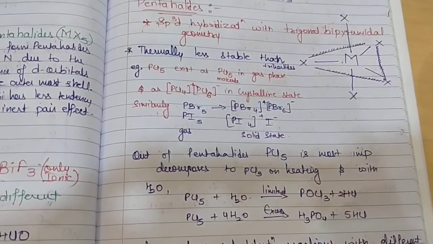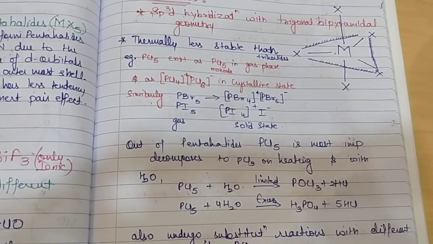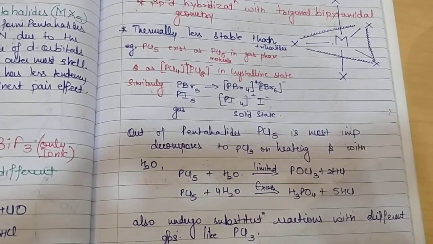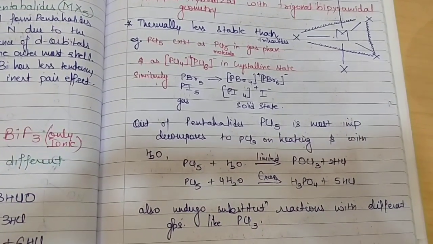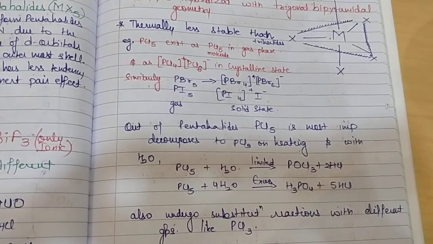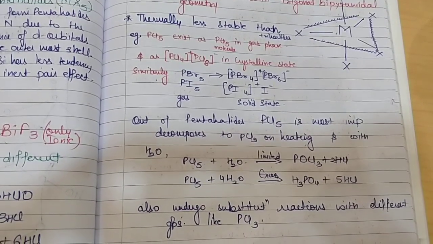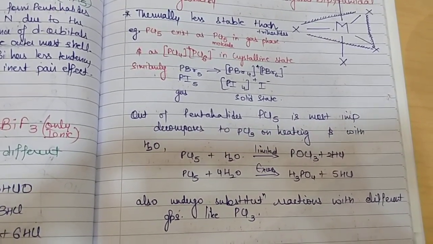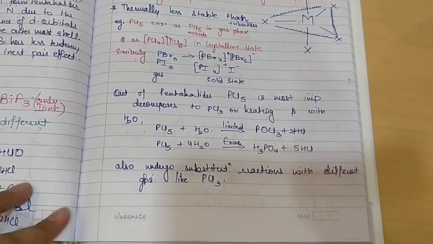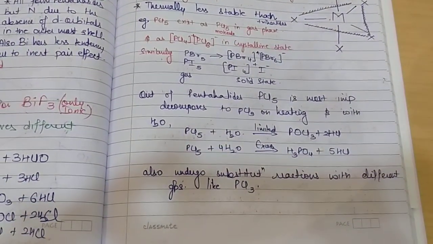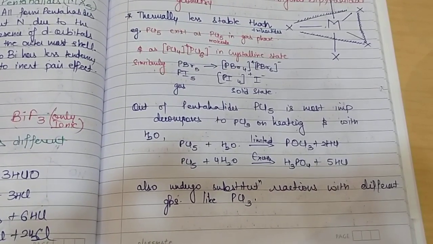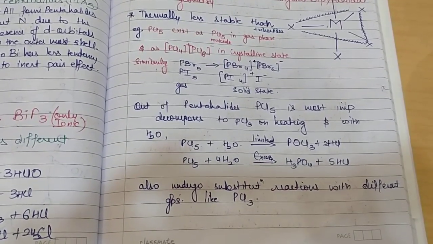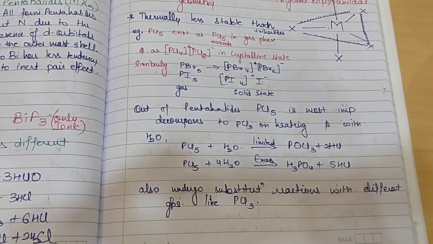Out of all the pentahalides, PCl5 is the most important pentahalide of group 15 elements, which gives very interesting reactions. It decomposes to give PCl3 on heating. It reacts with water to give oxychloride of phosphorus, and when PCl5 is reacted with excess of water, this is an important preparation of phosphoric acid.